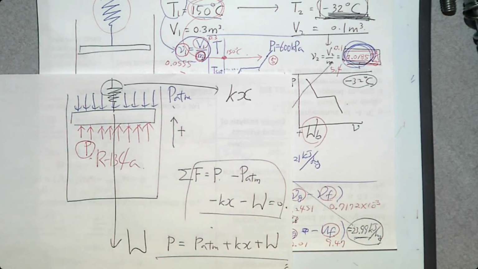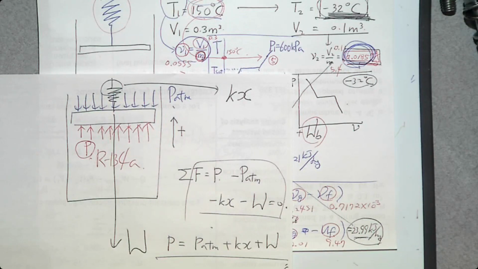Is this right or wrong? Must be wrong. What is wrong? I think I asked the same question in chapter 1. Unit. What is the unit of this one? Newton. Force. Newton. What is the unit of this one?